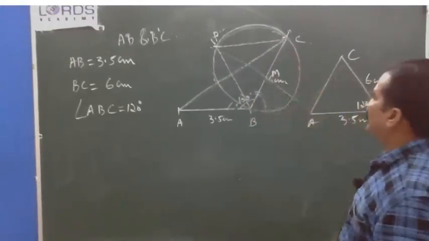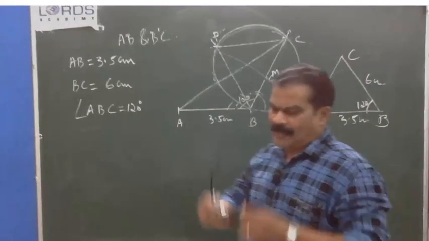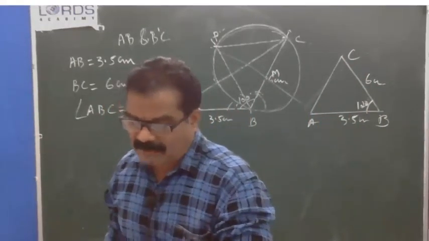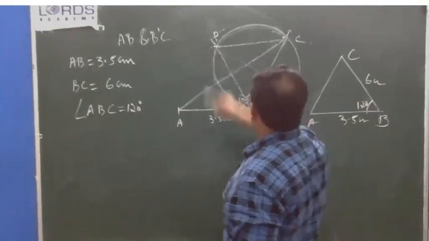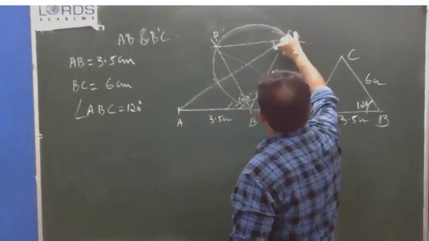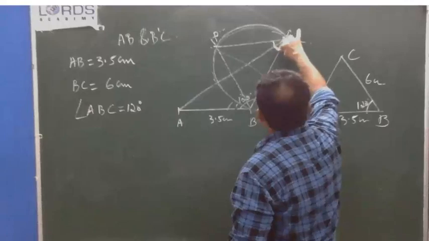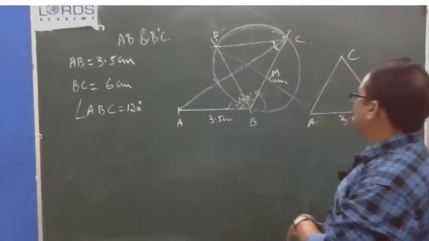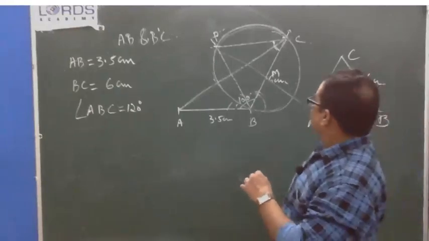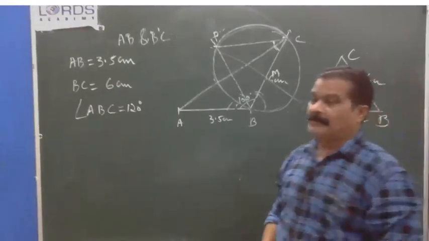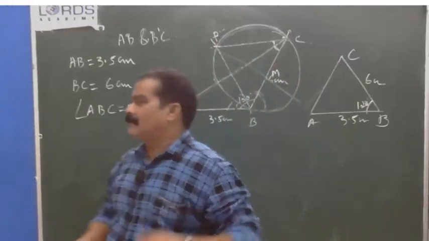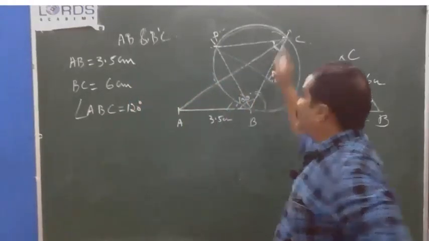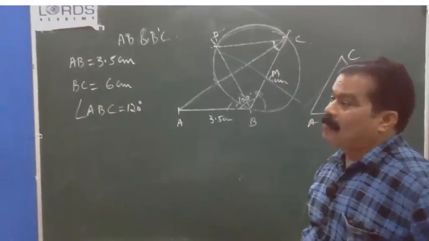Thus, you will get a triangle BPC. And we have to find out the next question: measure angle BCP. This angle, how much? Can anyone tell this angle? Without measuring this angle, can you say how much it will be?